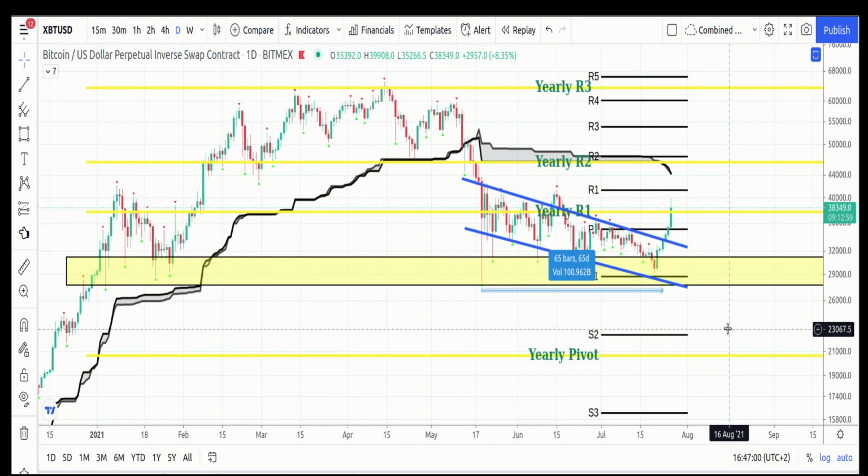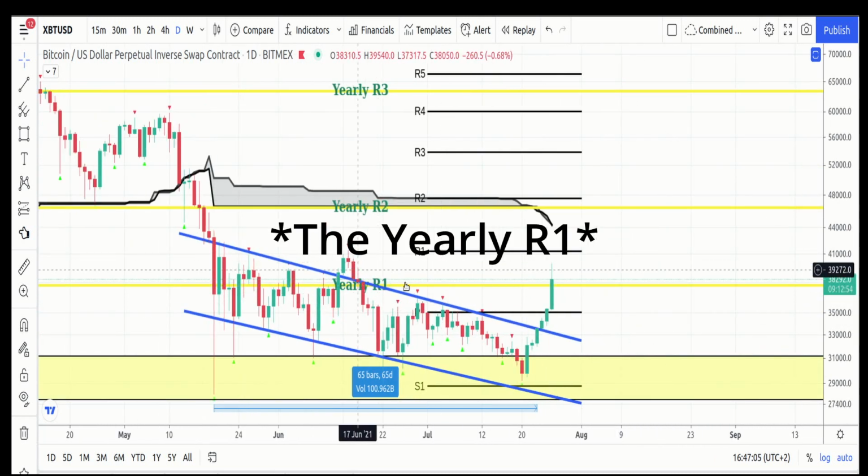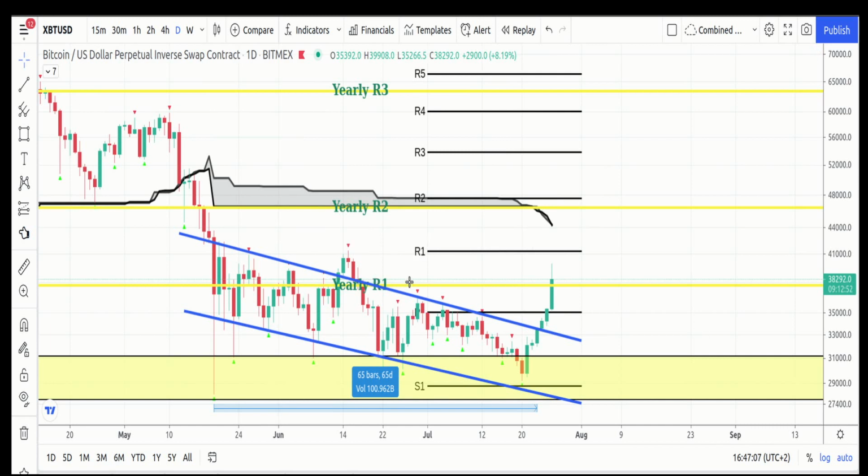But the moment that price manages to conquer once again the yearly pivot, which is here and here today, that's actually 3 straight signals with 3 green candles that are demonstrating bullishness.